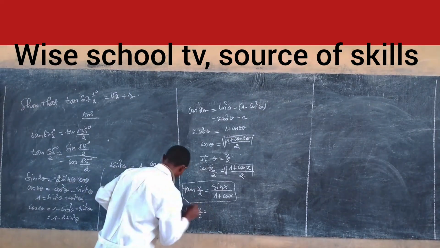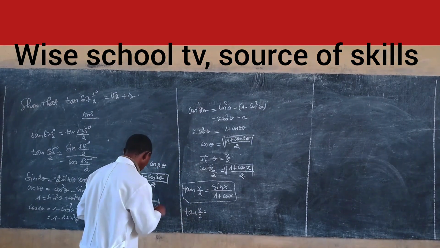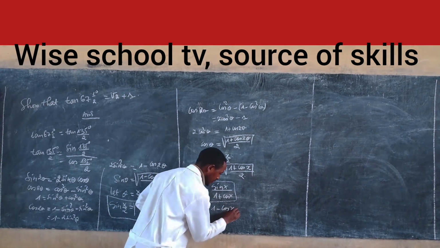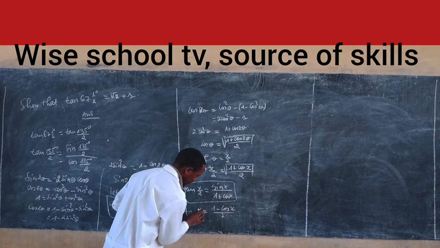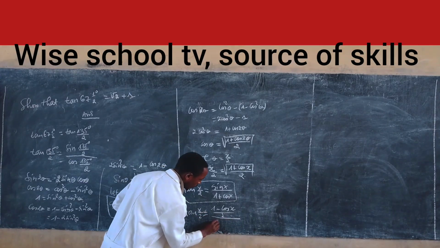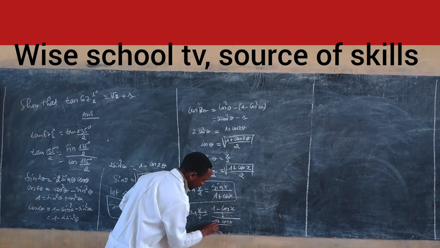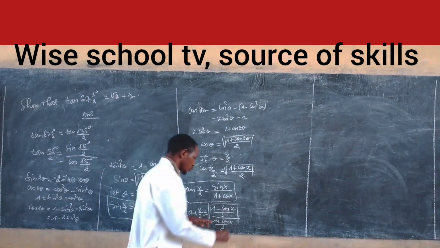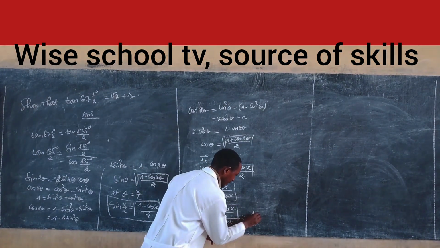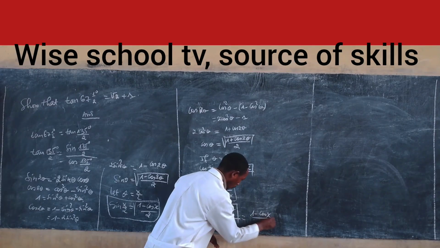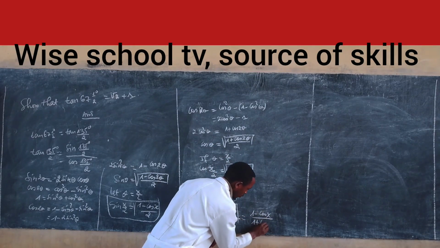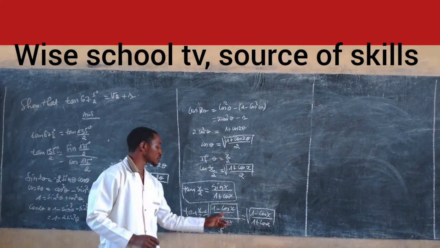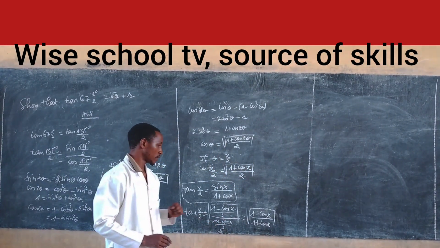Sine is equal to the square root of 1 minus cosine of x over 2, divided by the square root of 1 plus cosine of x over 2. So this is the same to the square root of 1 minus cosine of x over 1 plus cosine of x. We multiply the inverse of that. These two simplify with these two.